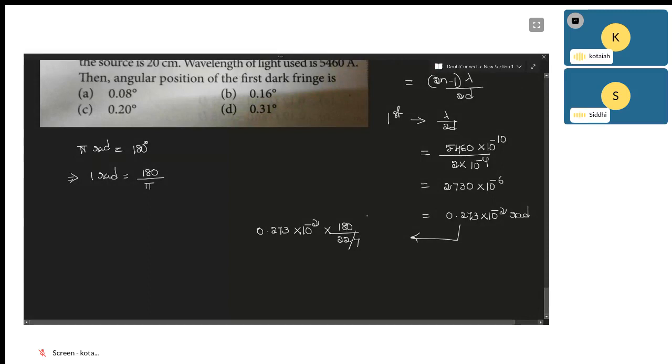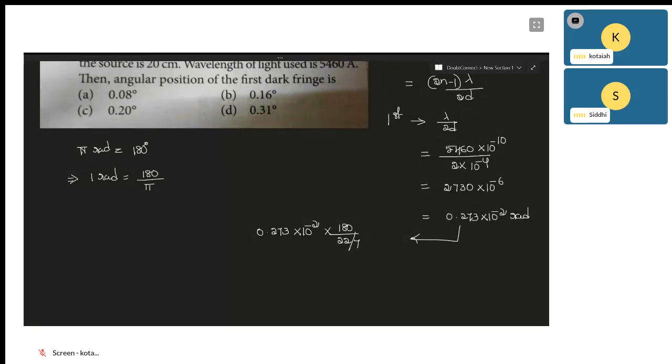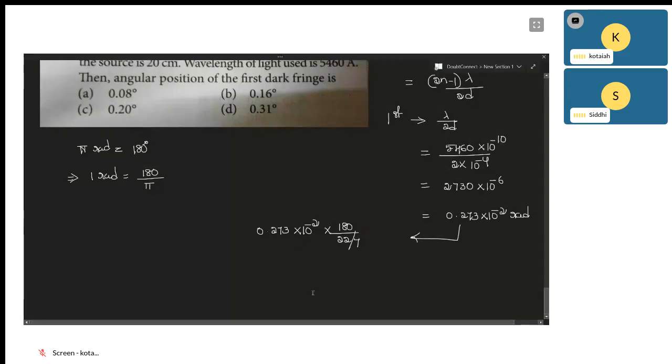Do you have a calculator? Just a minute. That is 10 raised to minus 2, so you can take 1 by 100.